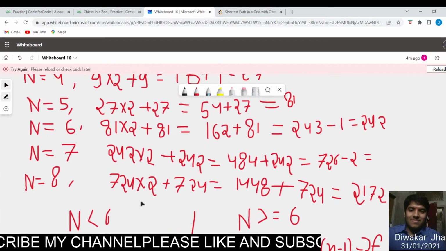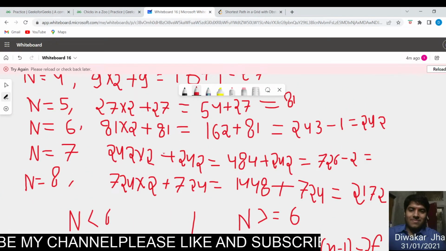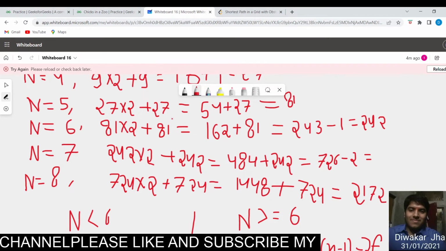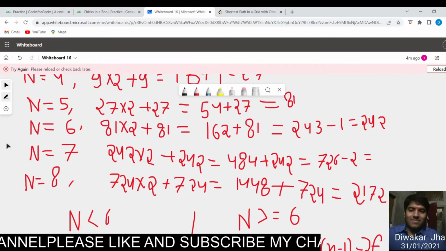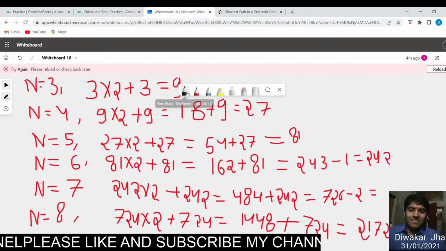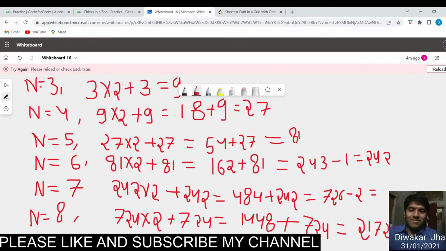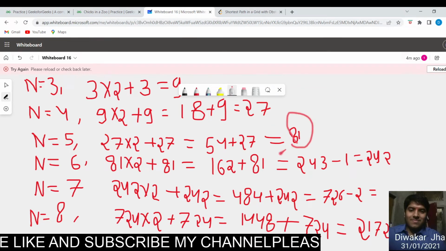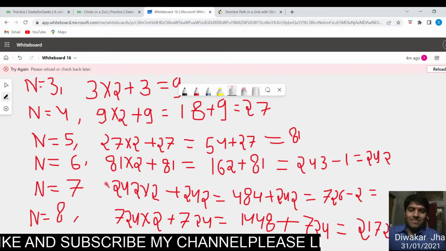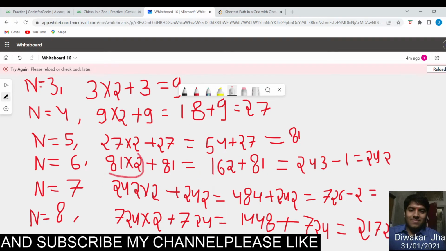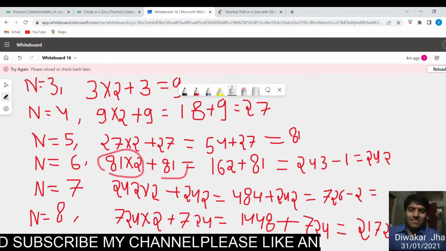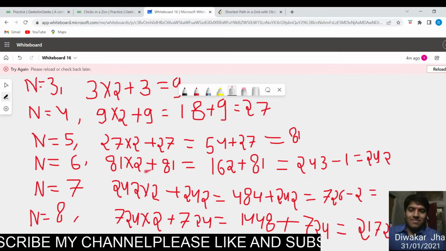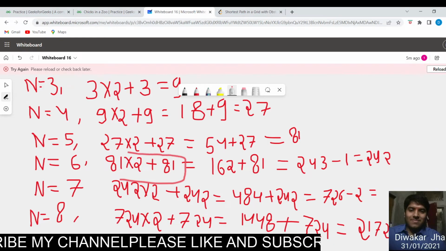Similarly, this way we keep adding, just like it. Check it. When we have 81, we simply multiply with 2 and add 81. So this is our increasing check, the total increasing check.